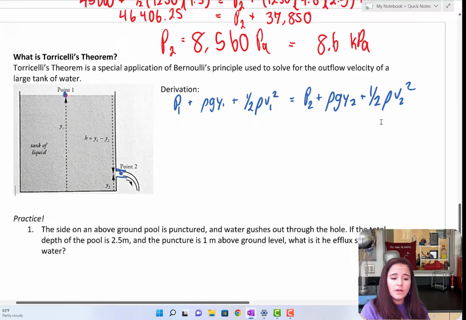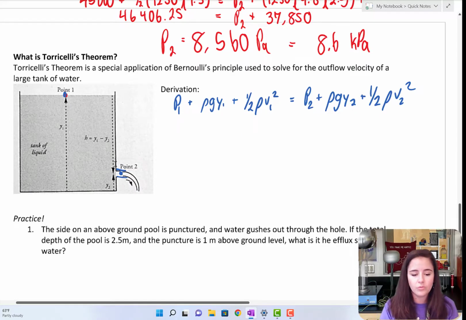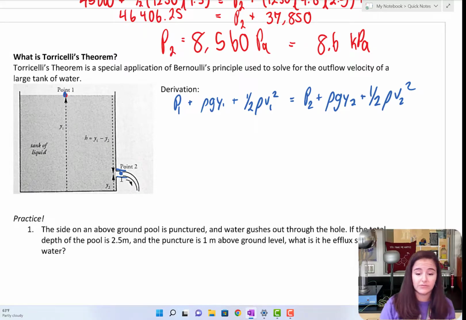So we'll start from the basics. Now, when we're doing these outflow velocities, normally we have open tanks of water. So both point 1 and point 2 are open to the atmosphere. So they'd be at a gauge pressure of 0 or just atmospheric pressure, depending on how you want to look at it. So we can go ahead and ignore these two terms.